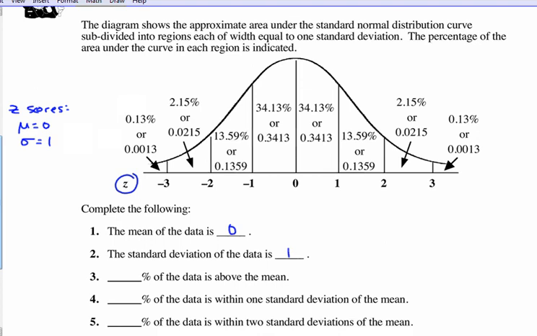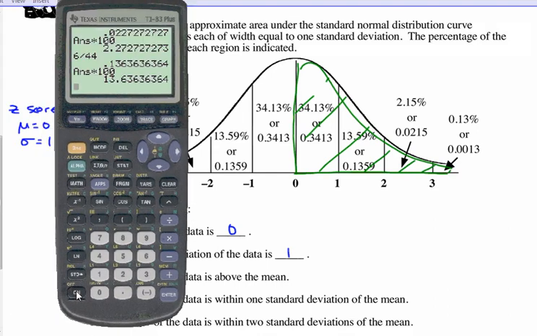What percent of the data is above the mean? Above the mean is all of this. So if we added all of these together, what percent is above the mean? Let's grab our calculators and check. So we have 34.13% plus 13.59% plus 2.15% and another 0.13%.